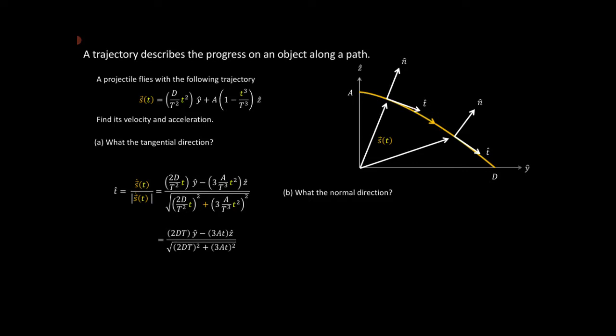Then we want to find the normal direction, right? Not the binormal direction. The binormal direction is coming straight out at you. We want to find the normal direction. This normal direction, because it's confined to the plane, is going to be equal to y and z there. So x hat cross t hat.